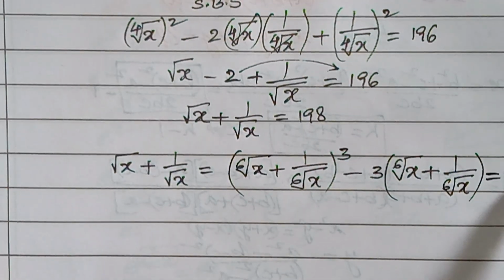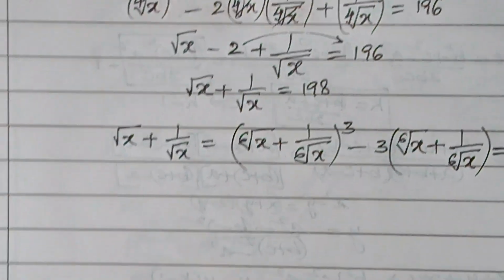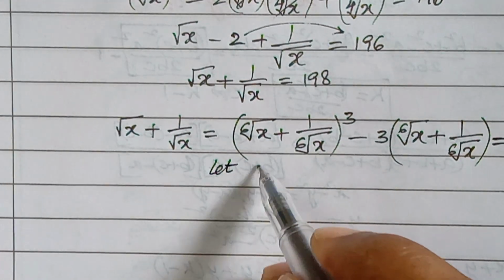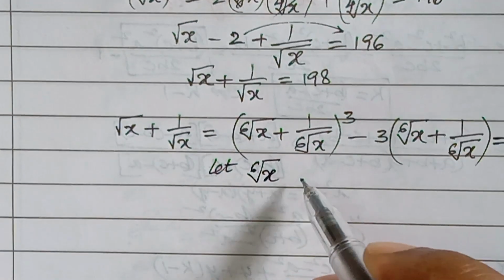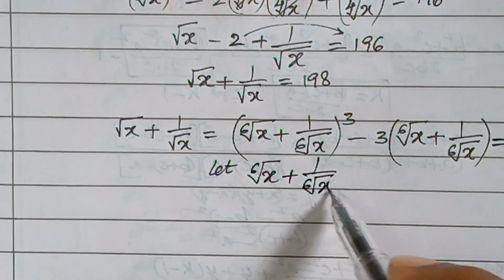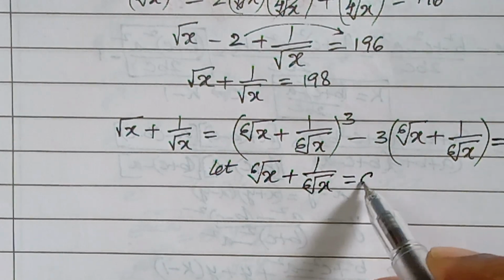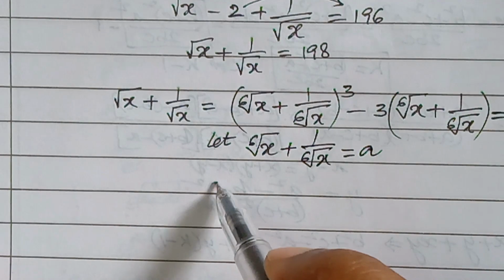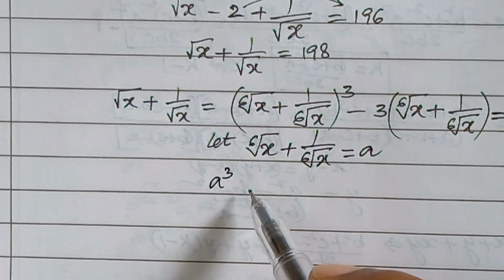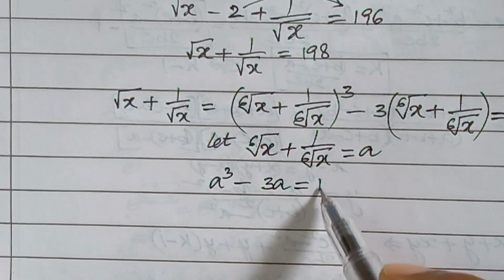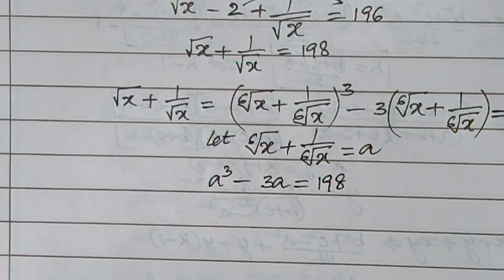This is equal to 198. So let sixth root of x plus 1 by sixth root of x be equal to a. Then what will we get here? a cube minus 3a is equal to 198.